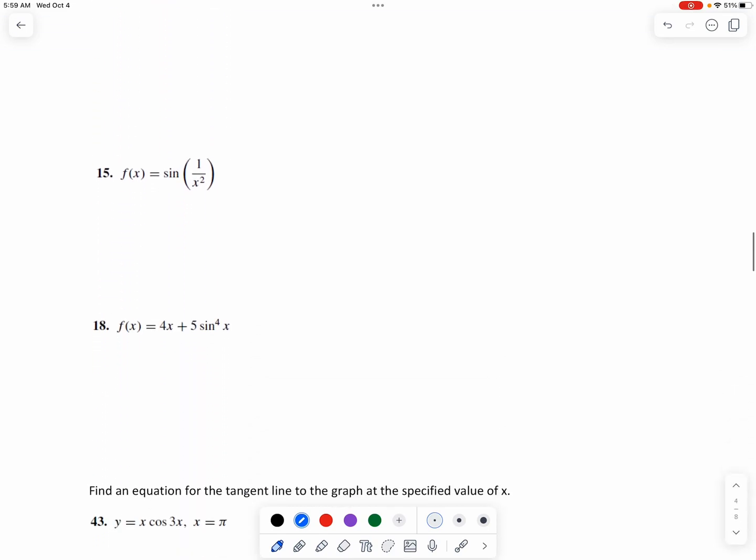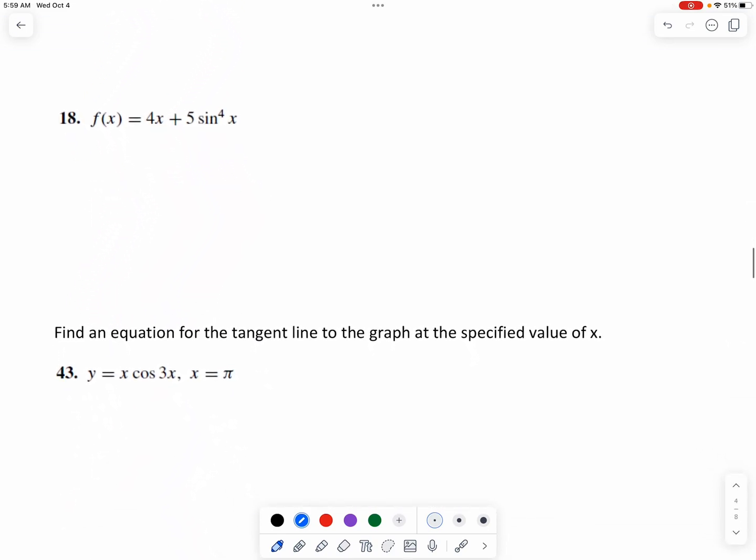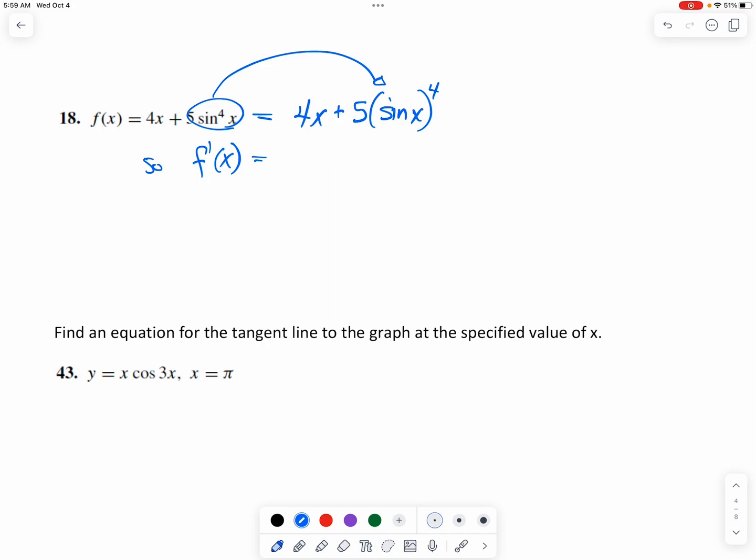Number 18. f of x is 4x plus 5 times sine of x to the 4th. I'm going to rewrite this as 4x plus 5 sine of x to the 4th. Those are equivalent. And now f prime of x, I can move from left to right. The derivative of 4x is just 4.